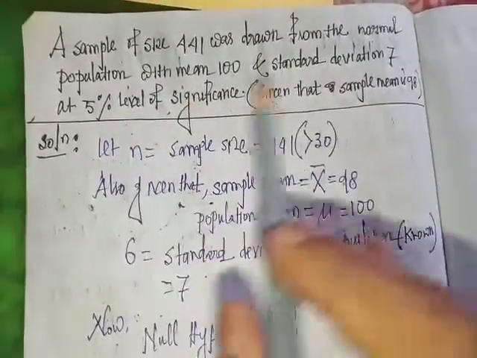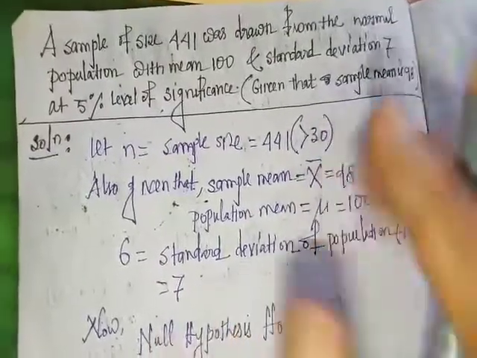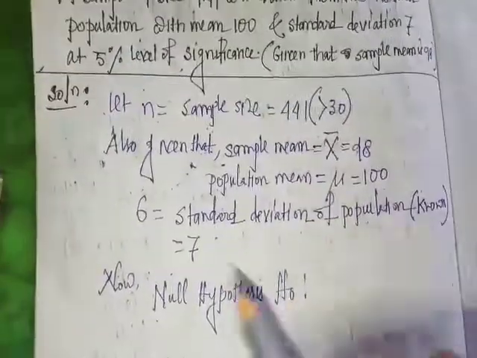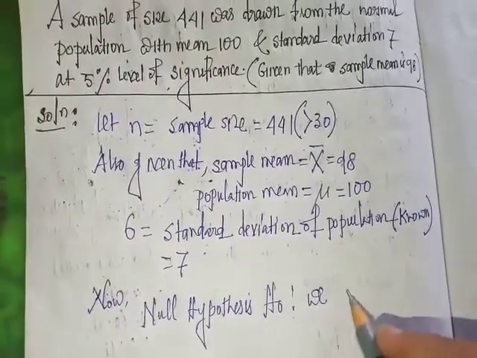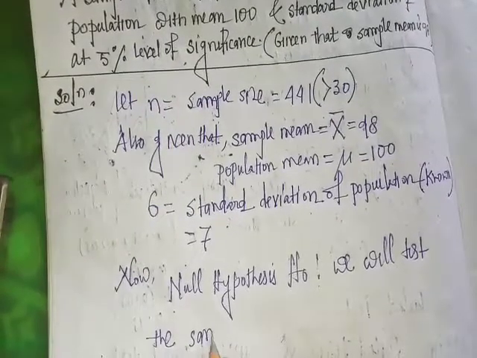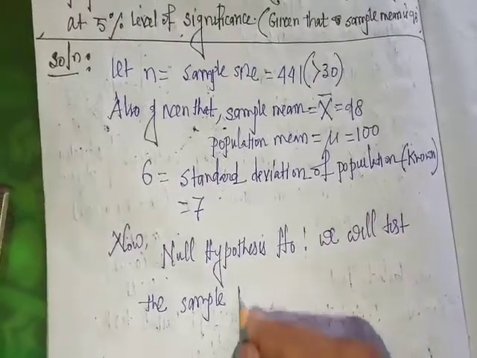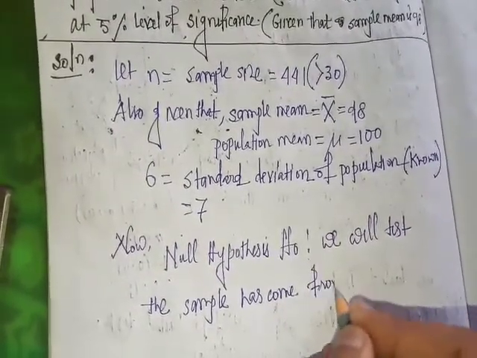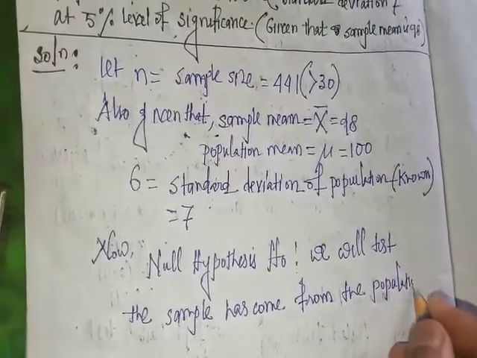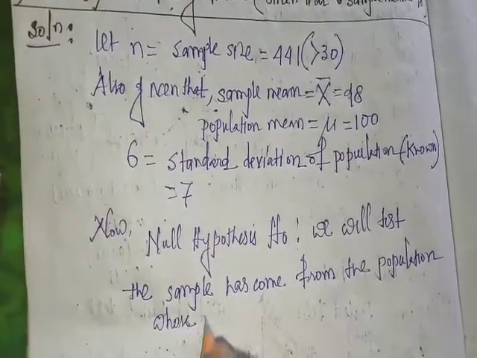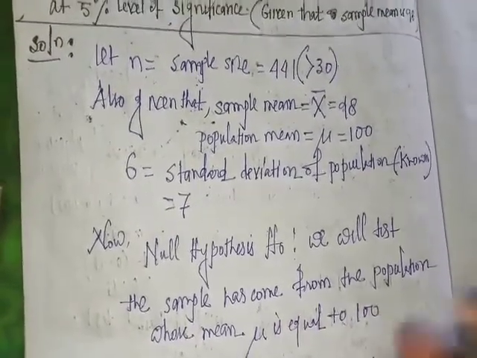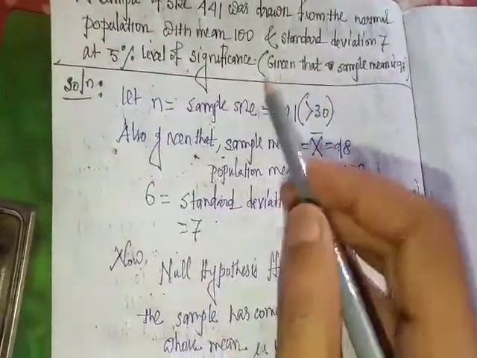Here we will test whether this sample has come from the population whose mean mu is equal to 100.